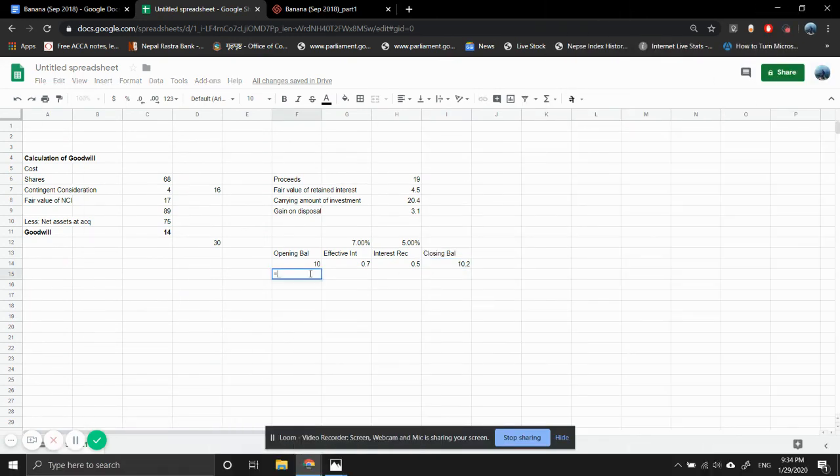So for the next year, it will be the same as this, basically this into this, and then this into this value, because it's always on nominal value, right?